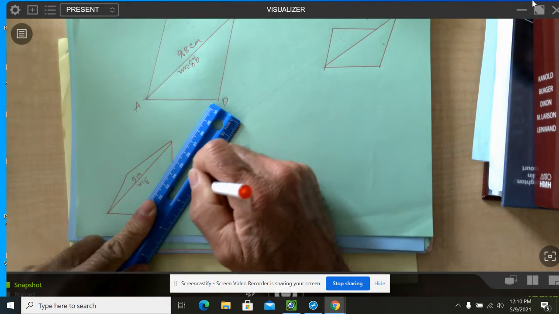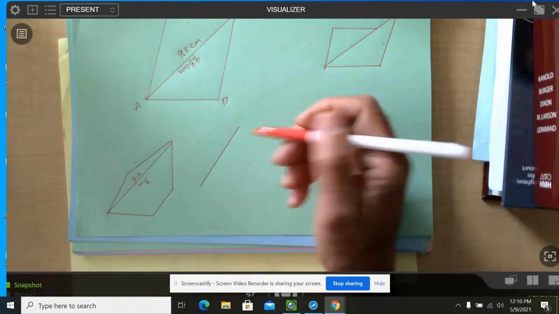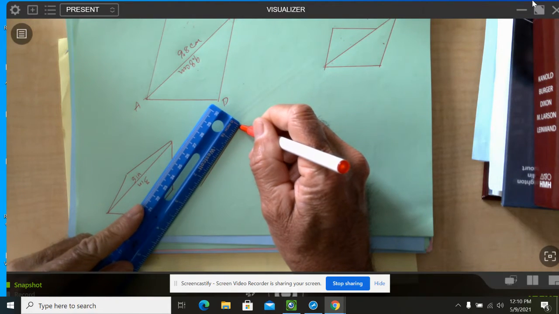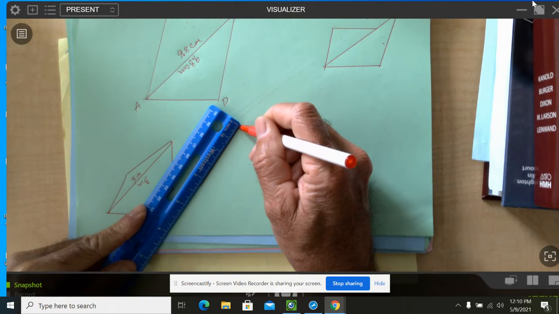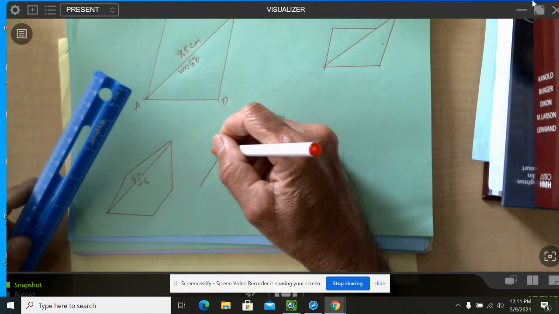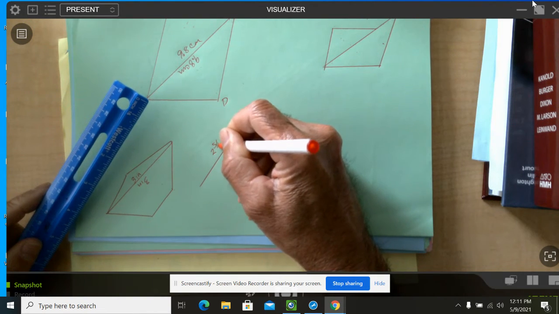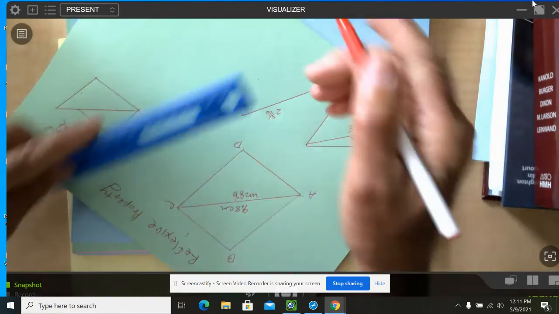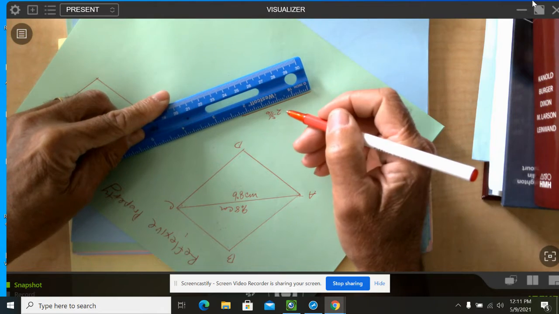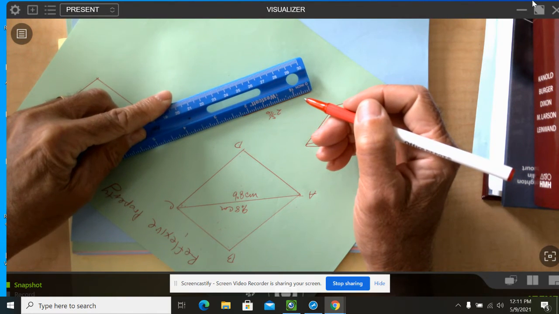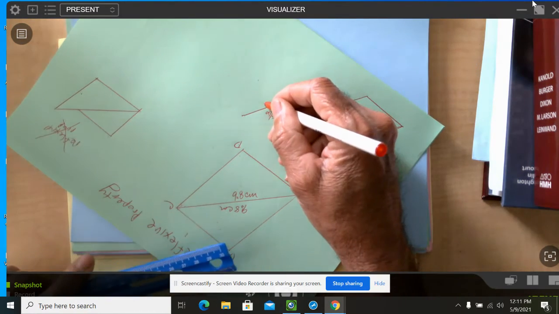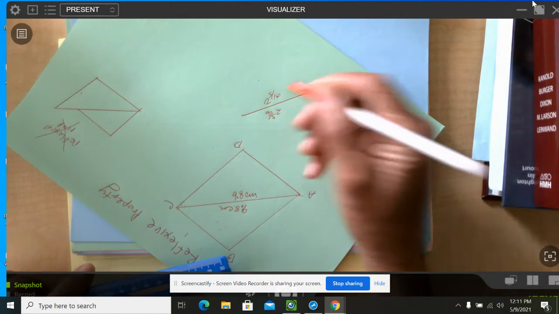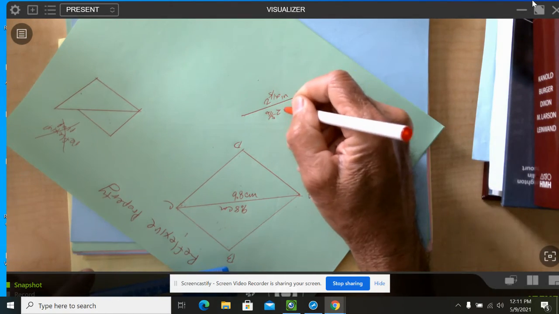Hopefully, if you didn't know it before, you see that no matter what it looks like, if I draw a line segment and measure from one end to the other, this one is about 2 5/16 inches. If we go to the other side and measure it, it'll be the same length, 2 5/16.